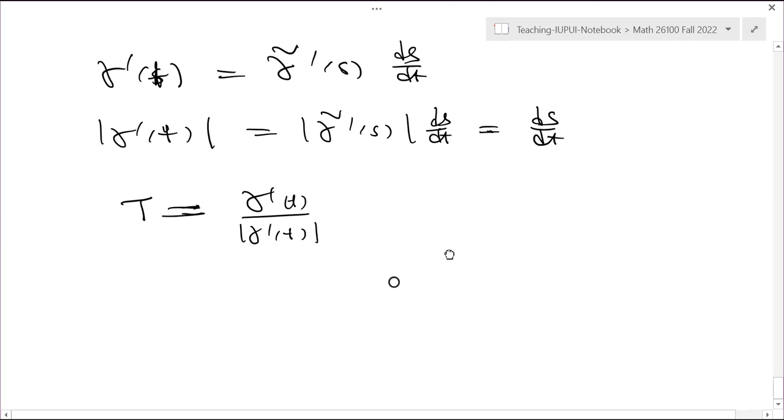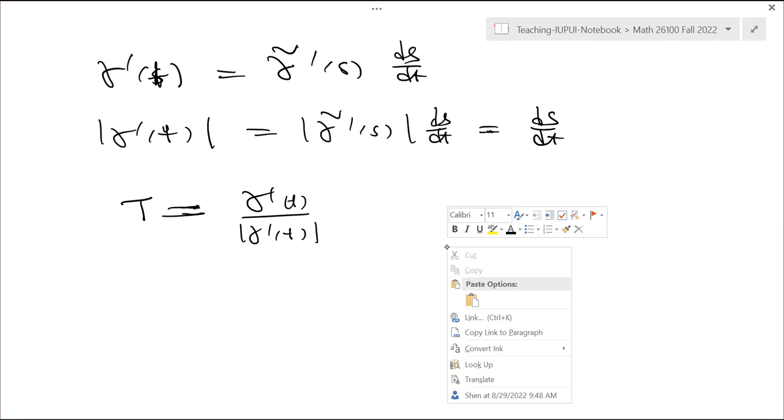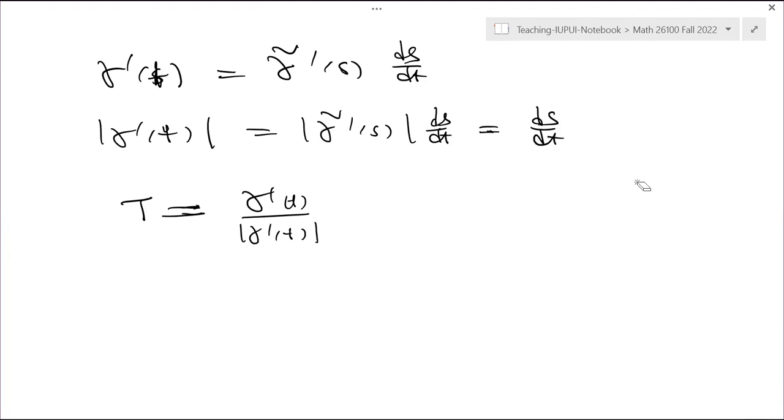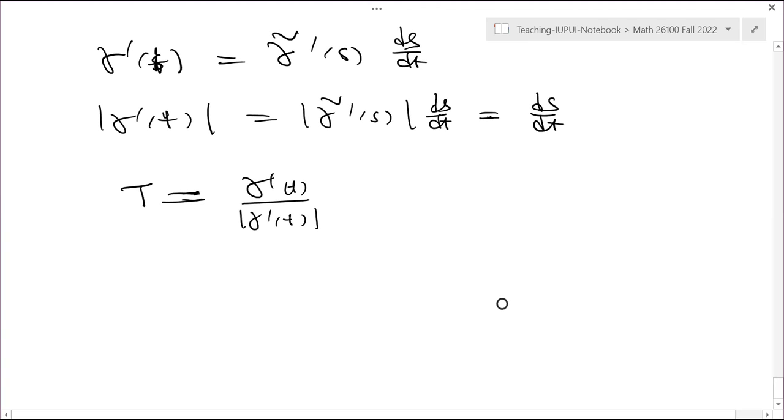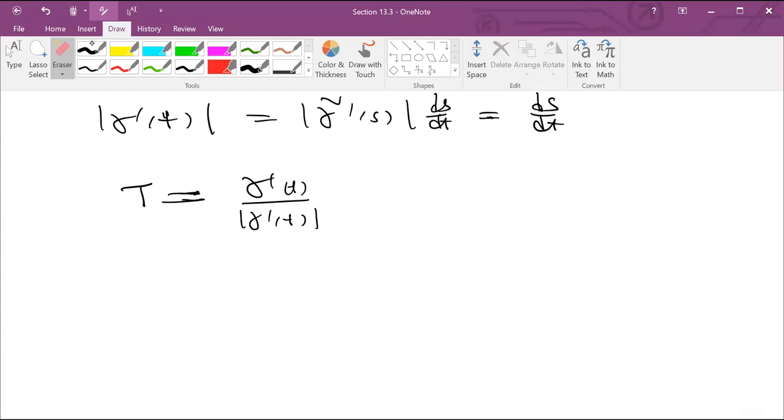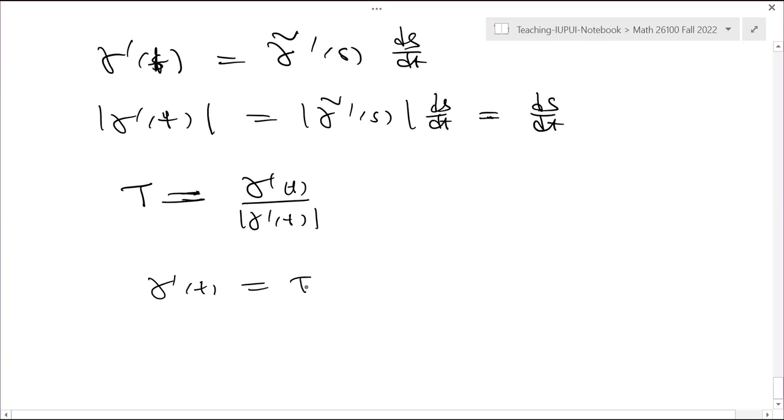Now, to find, T is given by this. So gamma prime t is going to be capital T ds dt, if this is a function of t.